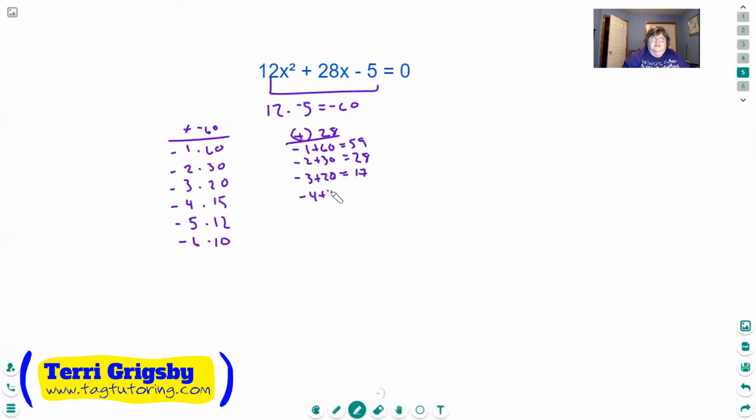Negative 4 plus 15 gives me 11. Ooh, this isn't looking good, guys. Negative 5 plus 12 gives me 7. That doesn't work. And negative 6 plus 10 gives me 4. Well, gosh. None of those gave me 28x, which means you cannot factor this.